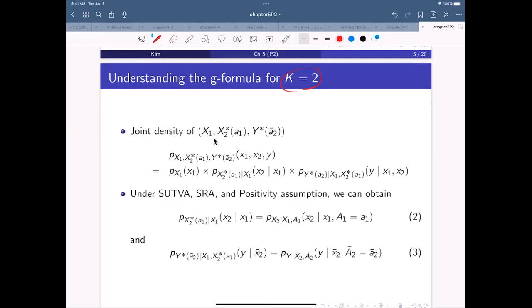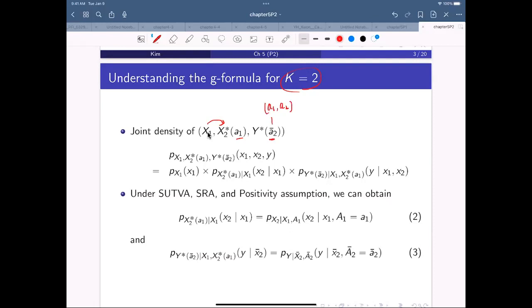So for K equals 2, we have X1, then X2 star, and then Y star, right? So from X1 to X2 star, we use A1, so we have a potential outcome. And then this one is A1 and A2, right?